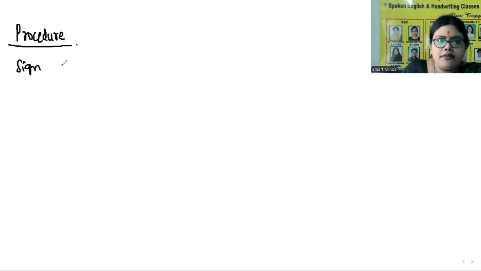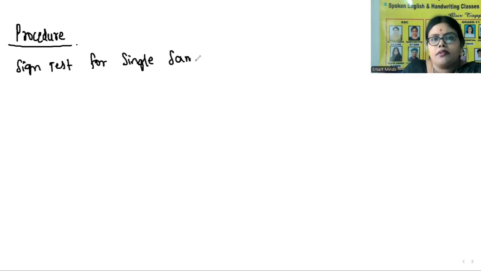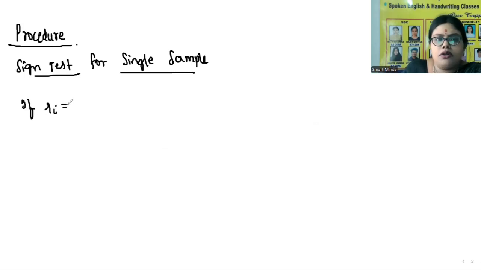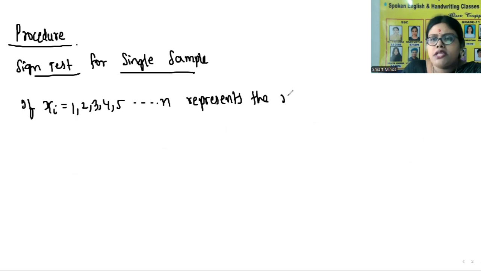So first let us see sign test for single sample. We will first cover sign test for single sample. So if xi is equal to 1, 2, 3, 4, 5, so on up to n represents the random sample of a population.